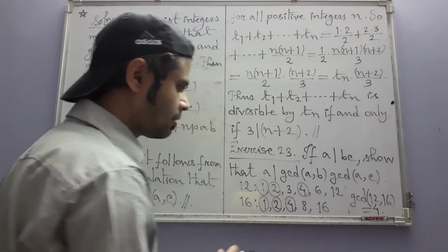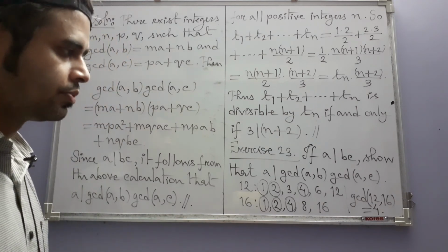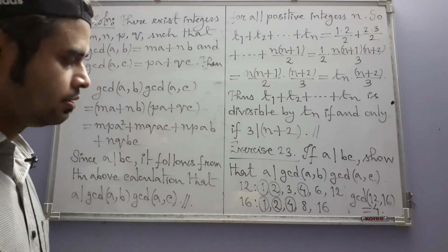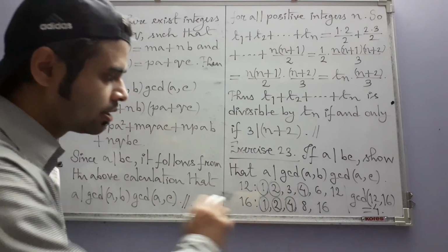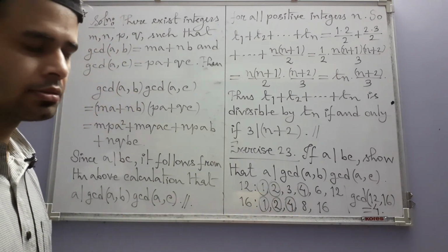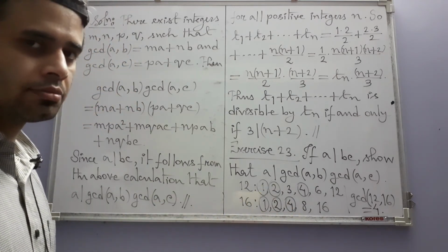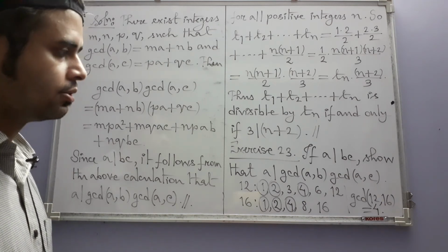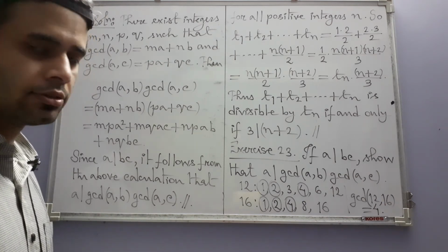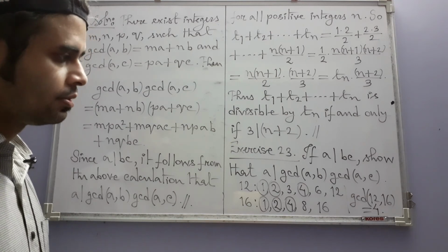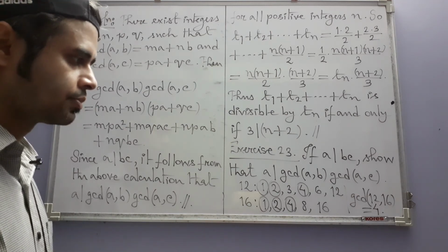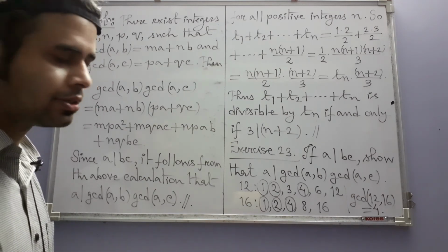So there should be some way to find the GCD without finding the common divisors. One such standard way is the Euclidean algorithm, where we use the division algorithm again and again to find the GCD. And that is something probably you already know.